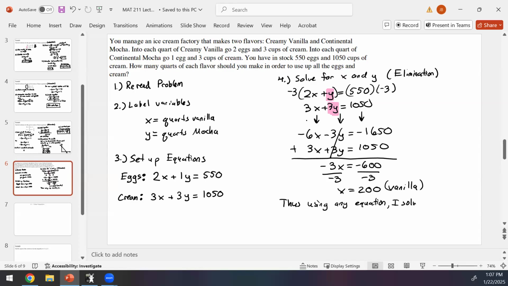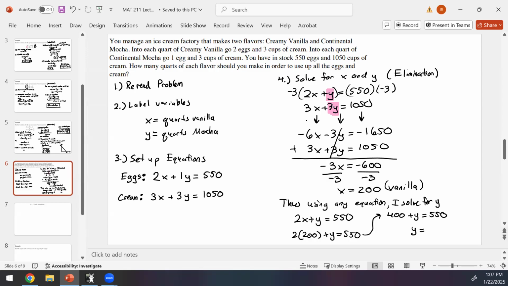I solve for y. So 2x plus y equals 550. And then 2 times 200 plus y equals 550. So then 400 plus y equals 550.